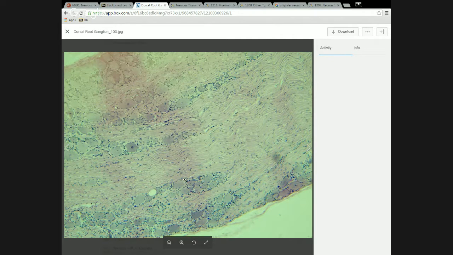So these big chunks right here, this is actually some of the nerve that's passing through the ganglion. Okay, these are all axons. So the cell bodies that we see in here with those fibers, with those axons, are probably the nuclei of Schwann cells, which are the ones that insulate axons in the periphery.